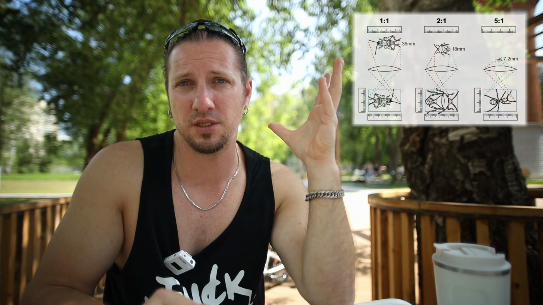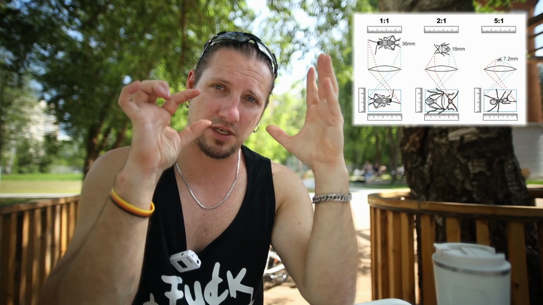So what about the ratio? The ratio is also relative, but it's supposed to be as such. The true macro is called a 1:1 ratio, and it means that if you take the subject and place it physically on your sensor, then in the resulting image the proportions are going to be the same.